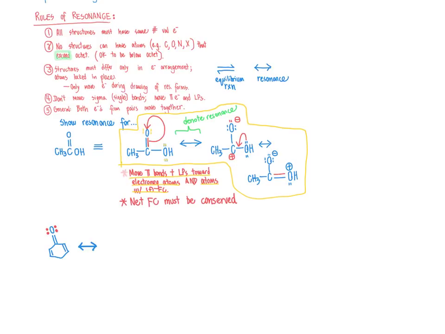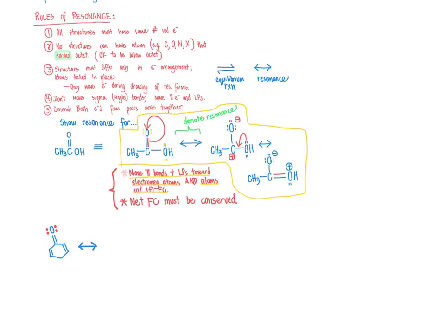And now what we're going to go ahead and do is draw our different resonance possibilities. So we're keeping in mind these 5 different criteria or rules of resonance that we've listed above. And we're also keeping in mind these pro tips that I've put stars on right up here about moving the pi bonds and lone pairs toward electronegative atoms and atoms with positive formal charges, and the net formal charge has to be conserved if we're doing this correctly.